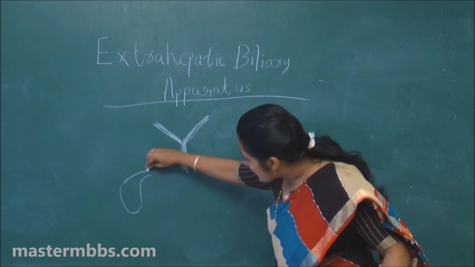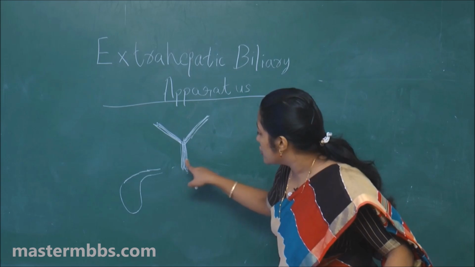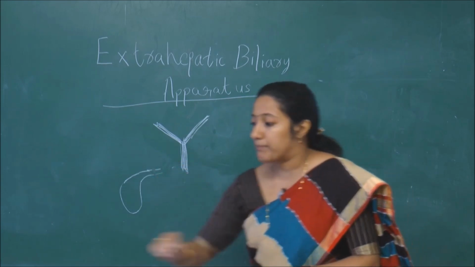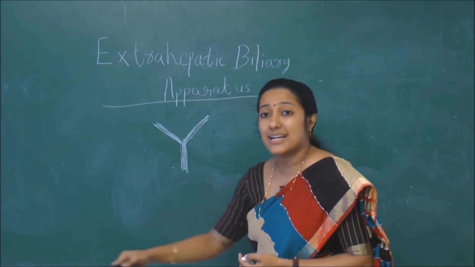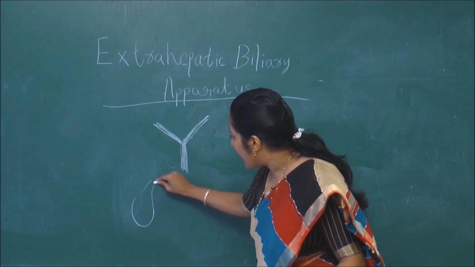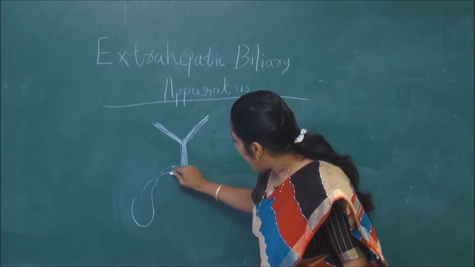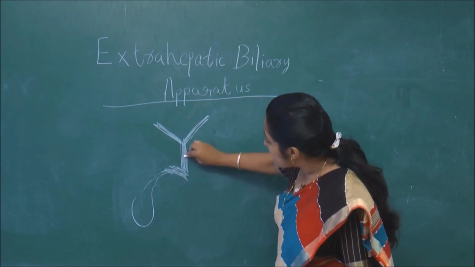This duct coming from the gallbladder and joining the common hepatic duct is known as the cystic duct.